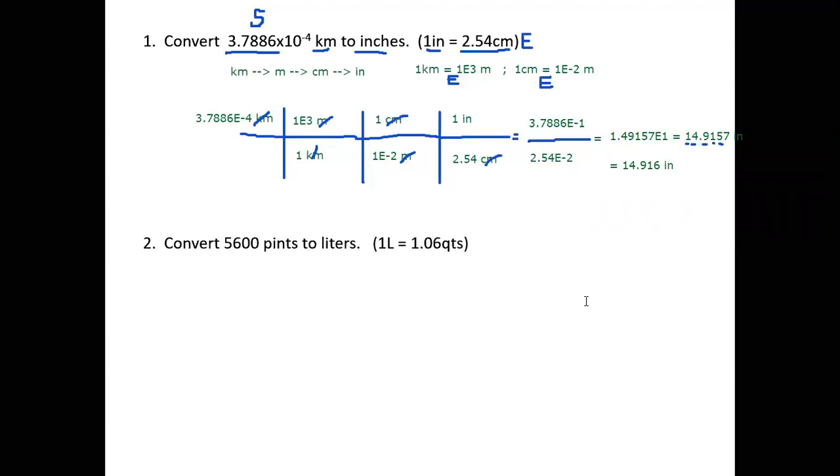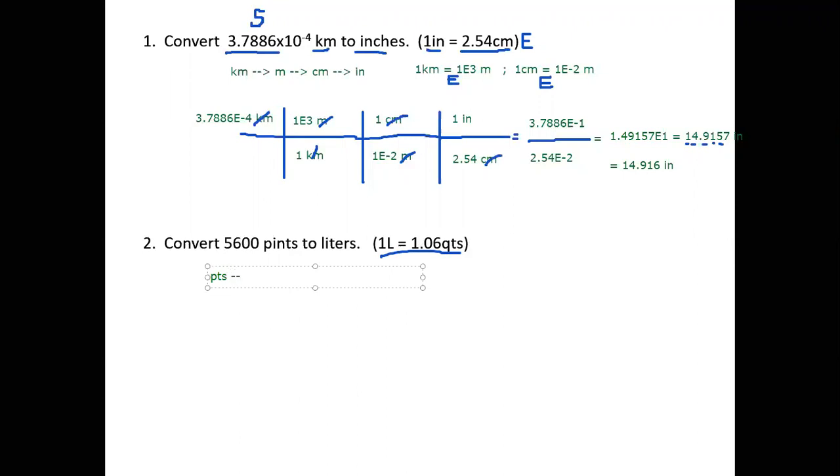Now moving on to the second example. Here we want to convert 5,600 pints to liters. And it gives us this conversion factor of liter to quarts. And so we're starting with pints, and we need to get to liters, and we have to go through quarts. So we should know that there are 2 pints in a quart.